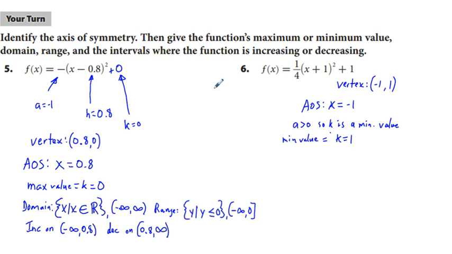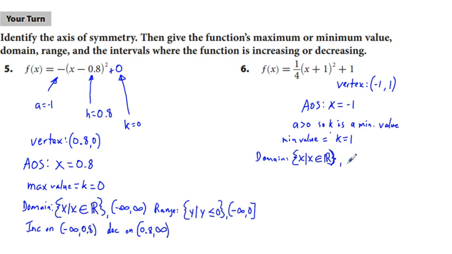Okay, domain. Well, domain is going to be the same as we've seen previously. Domain: we have set notation x such that x is an element of all real numbers, and that's going to be bracketized there. There we go. I'll change that to bracket.